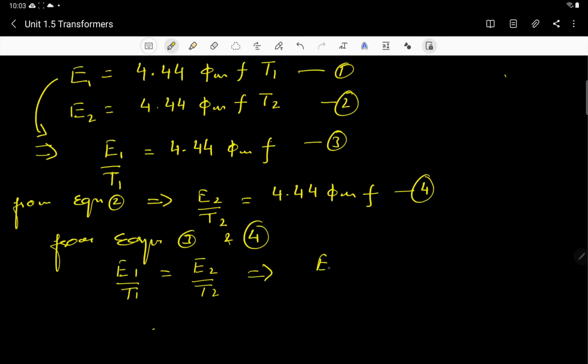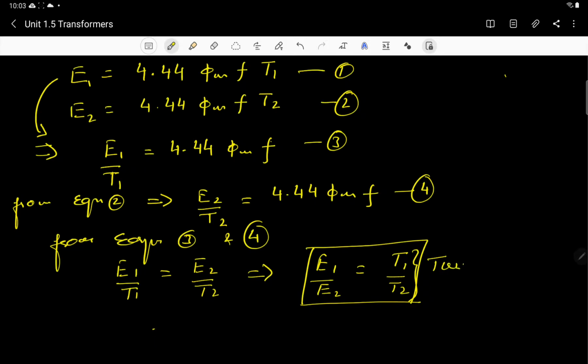And from here E1 by E2 equals T1 by T2. This is simply the turns ratio, which equals the ratio of the EMF on the primary side and the secondary side. T1 by T2 is simply known as the turns ratio, and it is denoted by a.